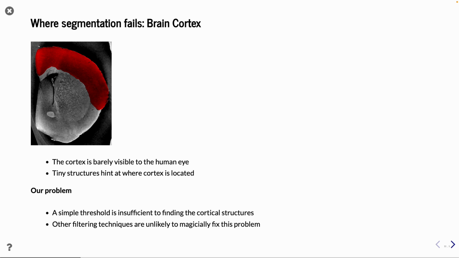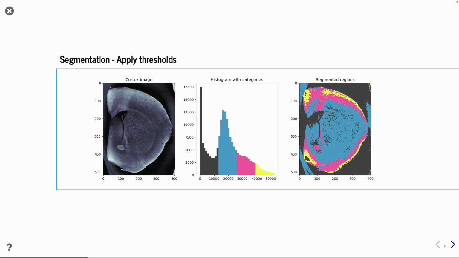And just applying a single filter doesn't really work either. Doing a low-pass filter would just smear out whatever there was that could even indicate that there is something. A high-pass filter puts in some gradients, possibly, but still, there are so many structures that this one is really a tricky one to segment with traditional methods.